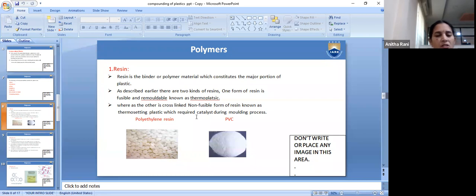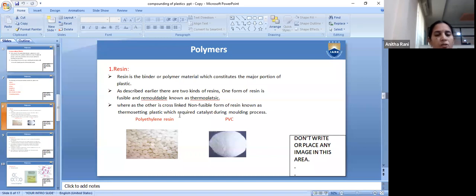Okay, so thermosetting resins require a catalyst. We add the catalyst during the molding process, because to get a cross-linked structure, we convert the fusible form of the resin to non-fusible form. For example, take bakelite. When we are preparing bakelite, initially we get a fusible form of the resin.